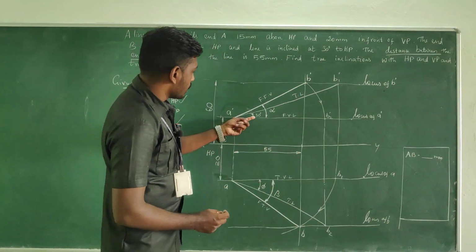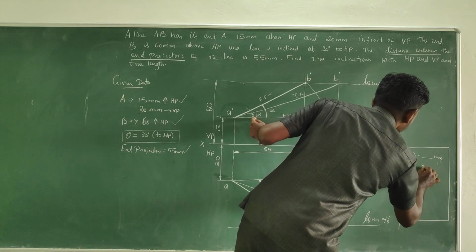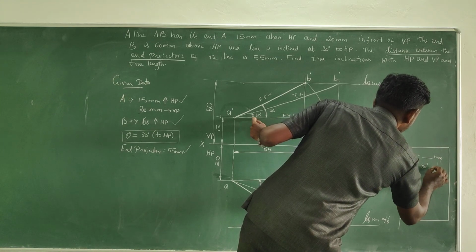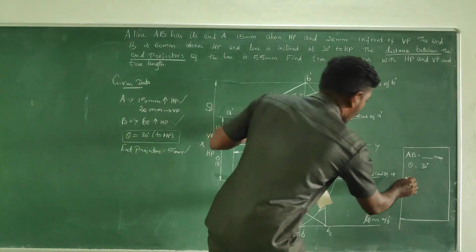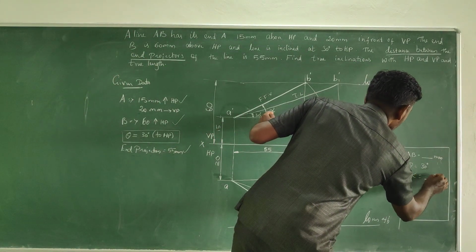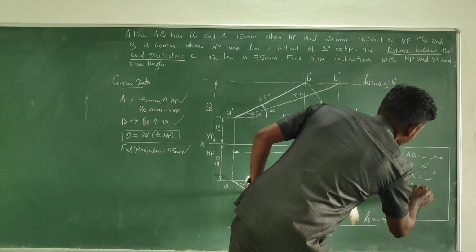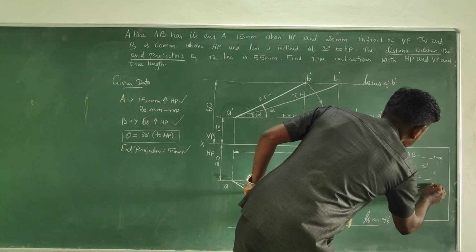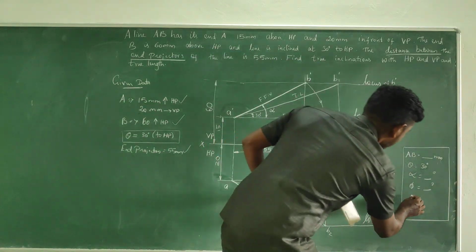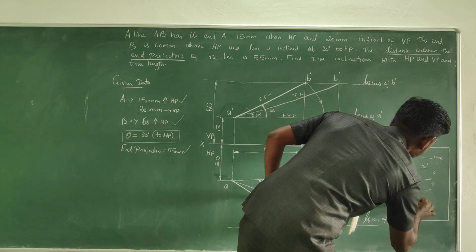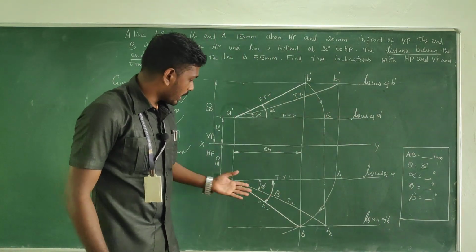And then you can write about theta. Already in the question it is mentioned, theta 30 degree. And next you can also write about alpha, you know how to take the measurement. And next you have to measure phi, it will be in degrees, and beta, the apparent inclination in the top view, take the measurement, you will get it in degrees.